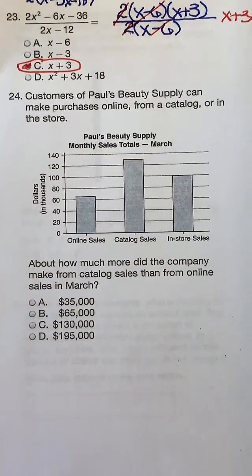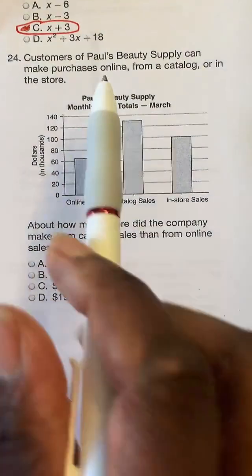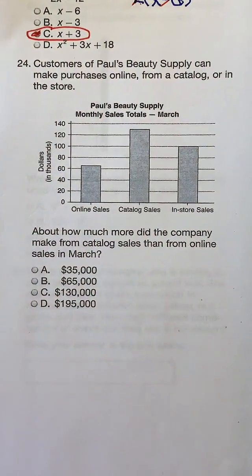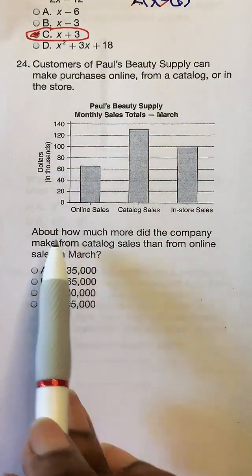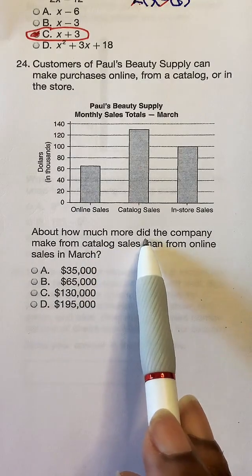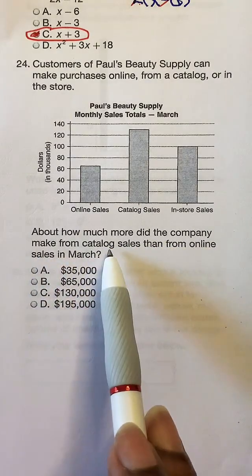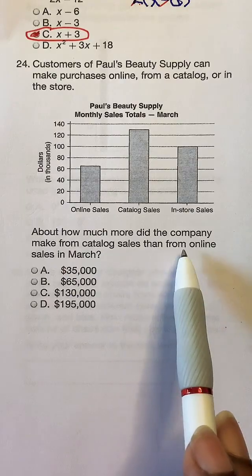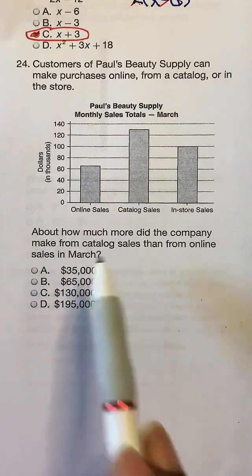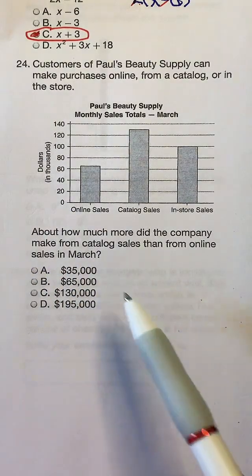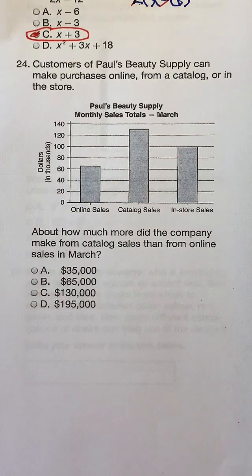It asks how much more did the company make from catalog sales than from online sales in March? Is it A, 35,000, B, 65,000, C, 130,000, or D, 195,000?